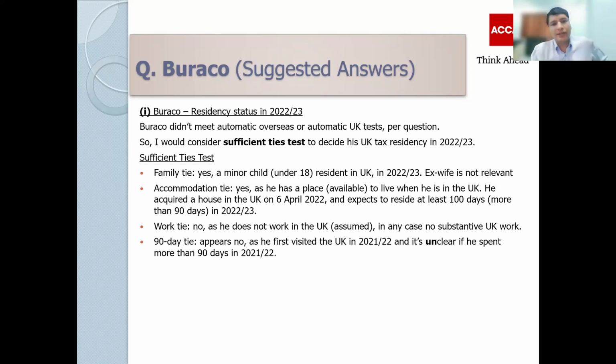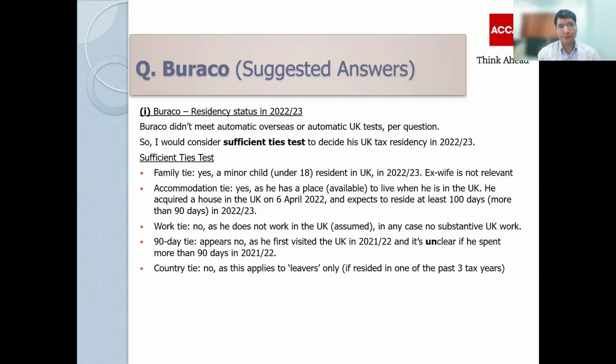That's what I'm saying. The first 3 ties you always remember: family tie, accommodation tie, work tie. In a number of cases, one of these 3 may be applicable. And the 90-day tie is applicable if someone was residing in the UK in one of the previous 3 tax years. And the 5th tie is the country tie.